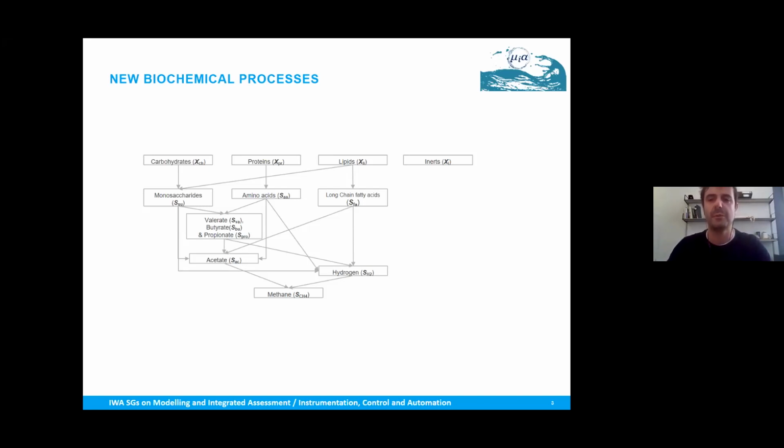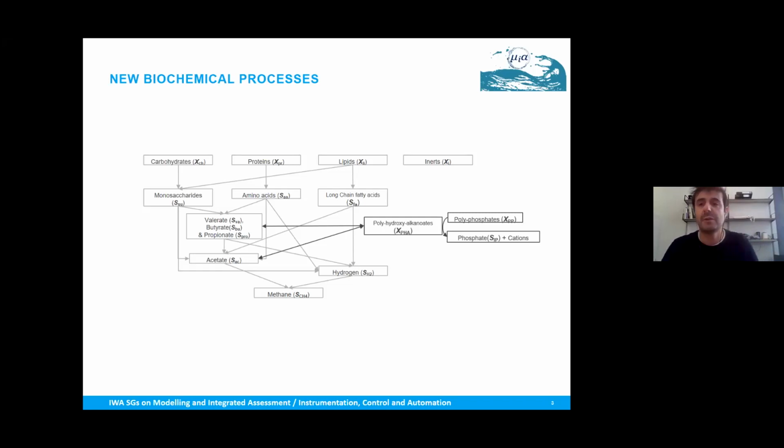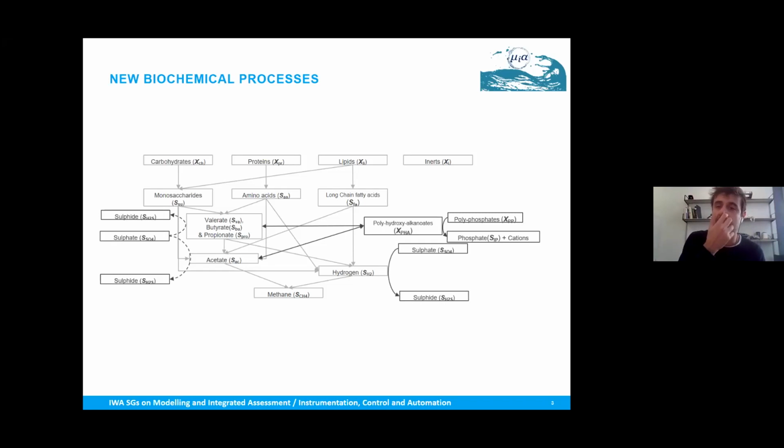So the first point that we had to modify here is what happens with PAOs when they get into the anaerobic digester. PAOs are still alive, and there is some empirical evidence that they can still form polyhydroxyalkanoates with the subsequent release of polyphosphates. We have also sulfate reduction reactions, where sulfate is reduced to sulfide, using different types of electron donors, hydrogen or VFAs.